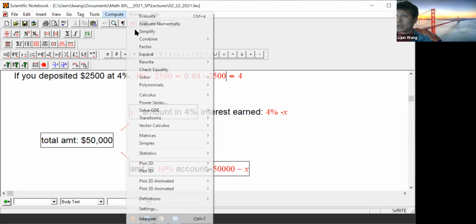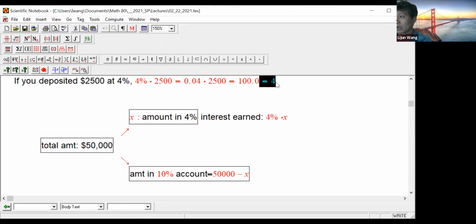And that interest earned is going to be $100. So if you deposit any amount, suppose I deposit $75.56 at 4%, how much interest will I earn? I will just multiply by that. Do you follow me?